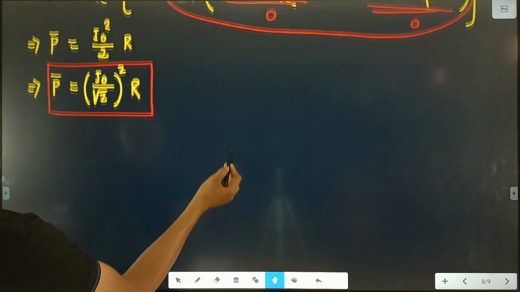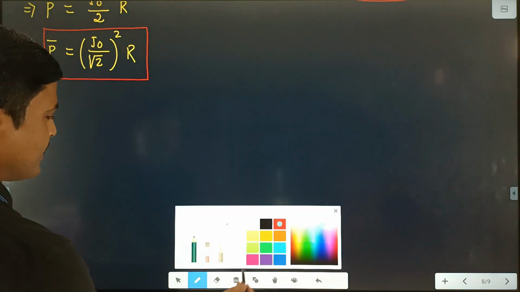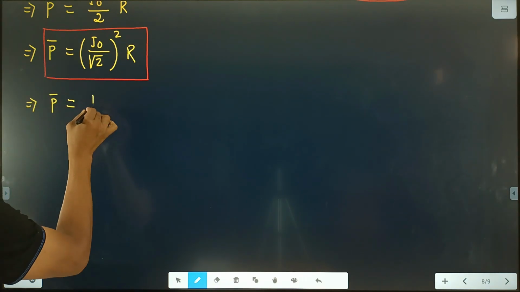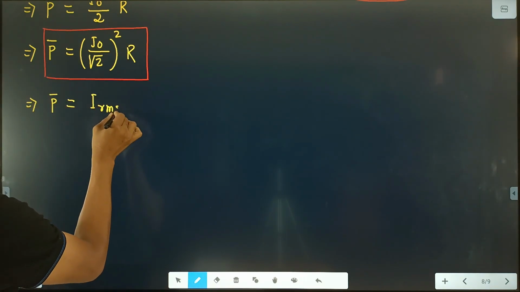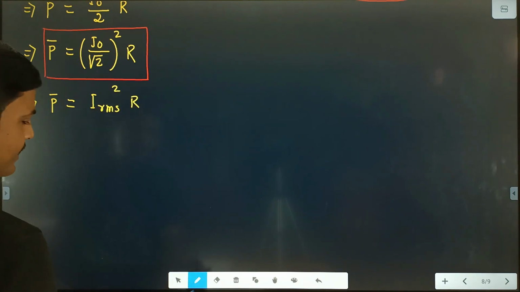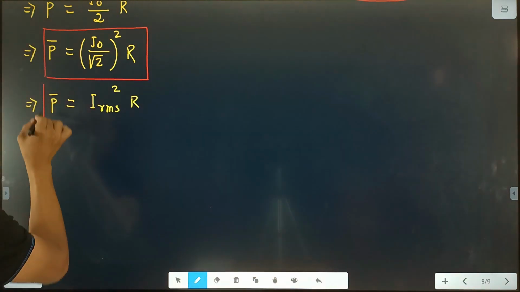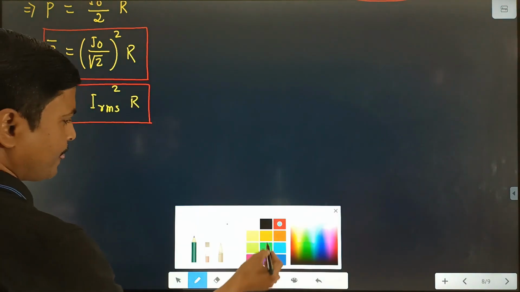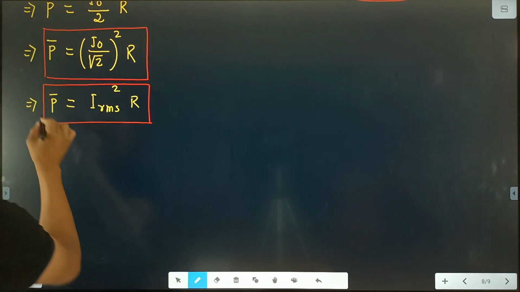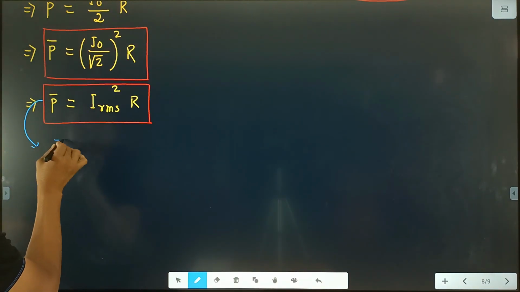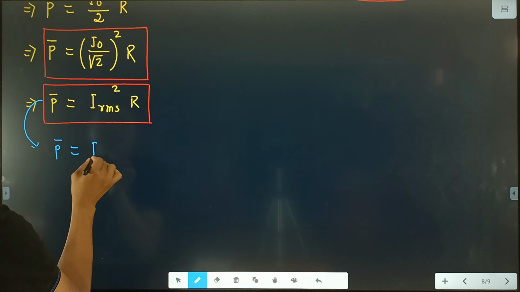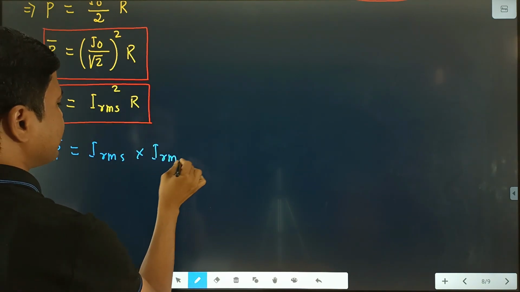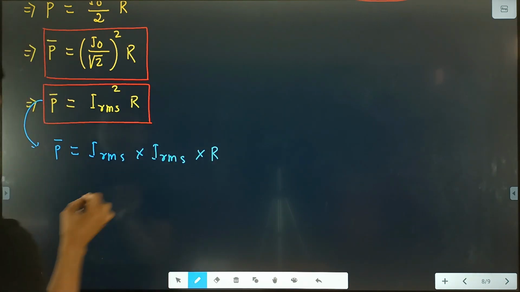So in place of I0 divided by root 2 we write I RMS square multiplied by R. This is another expression for power consumed in terms of root mean square value, and we also write average power consumed is equal to I RMS multiplied by I RMS multiplied by R.